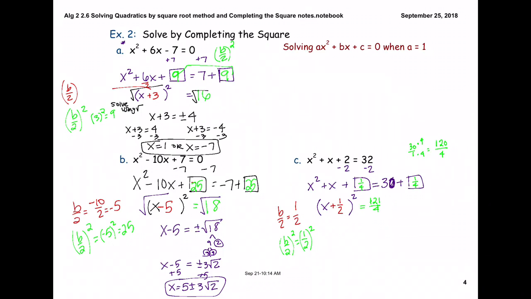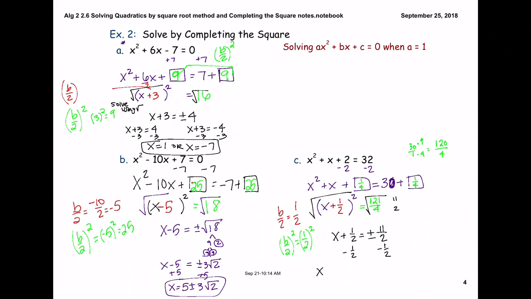Okay, so to undo a square, we take the square root of both sides. So x plus 1/2 equals plus or minus the square root of 121, which is 11. The square root of 4 is 2, so plus or minus 11 over 2. The inverse of adding 1/2 is subtracting 1/2.